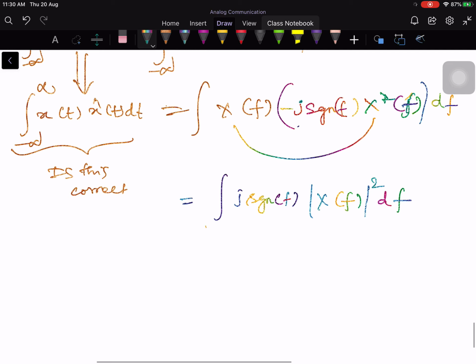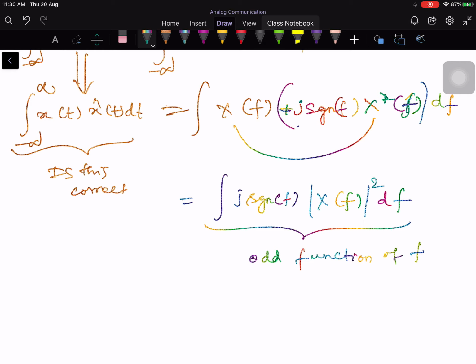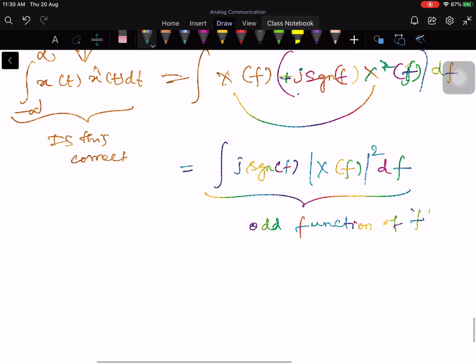Now you can ask what kind of function do you have inside the integral? It is an odd function of f. This becomes plus, actually this is plus. Now you are integrating from minus infinity to plus infinity.